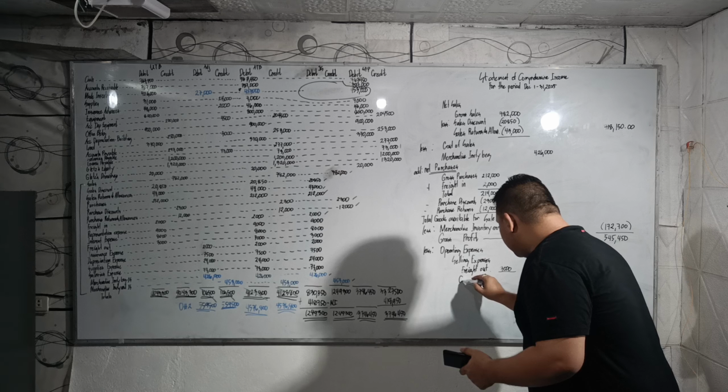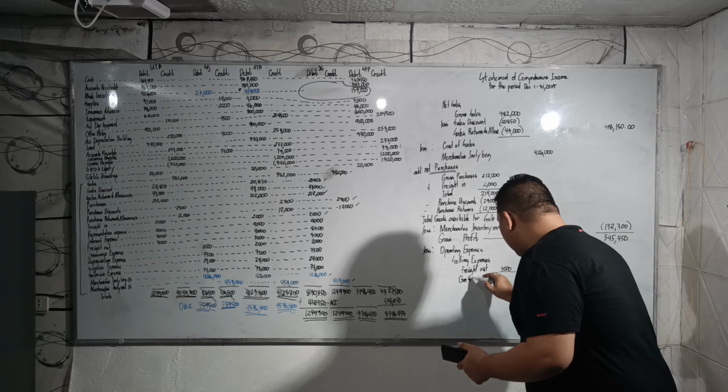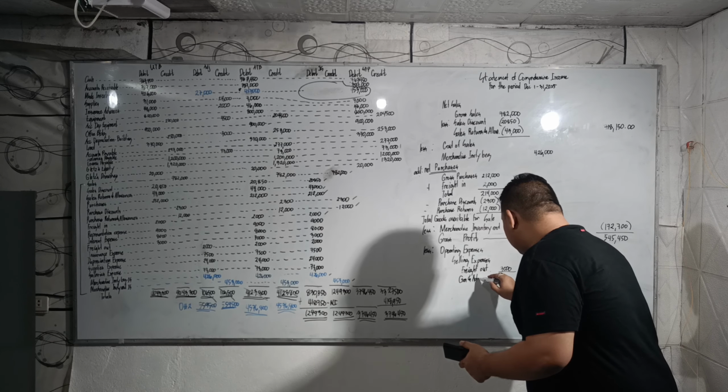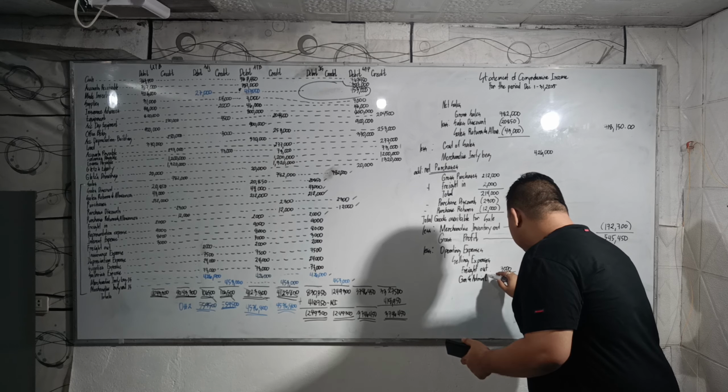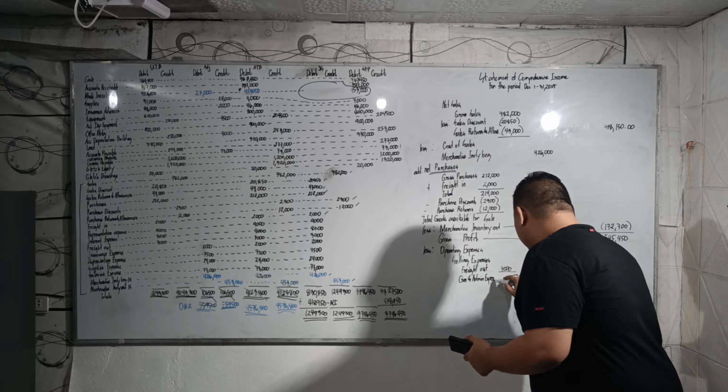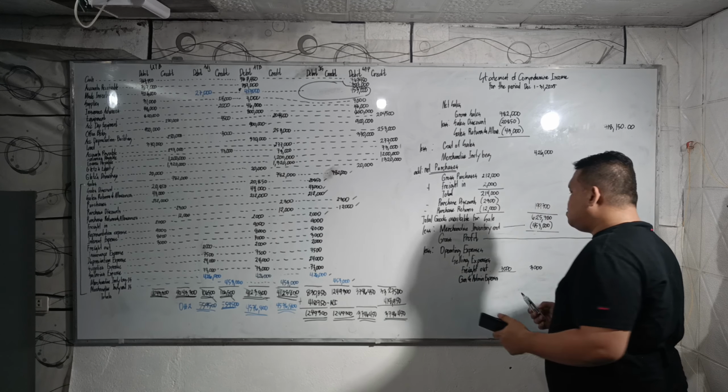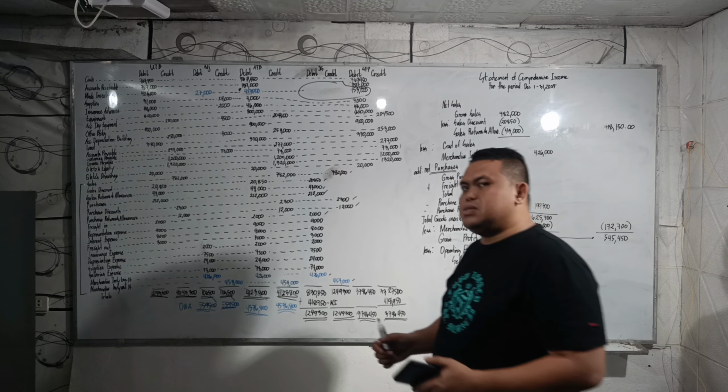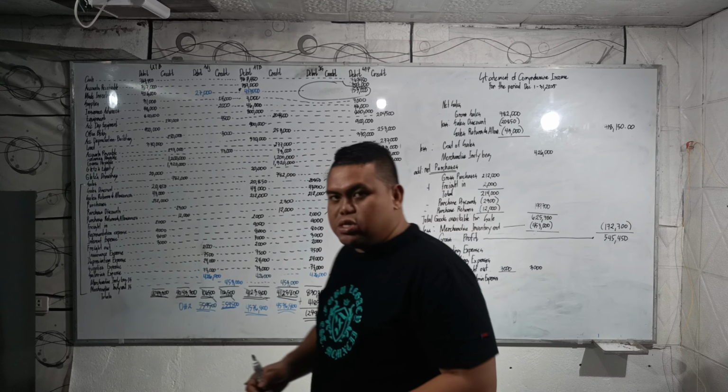How about general and administrative expenses? Again, administrative expenses are salaries for executives, for example, the salaries of the HR.